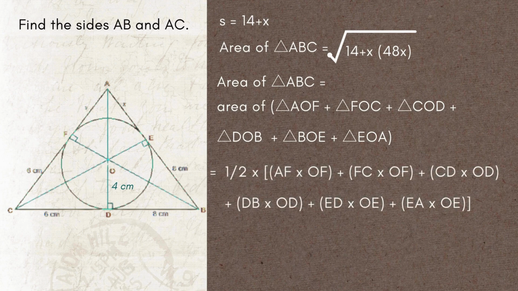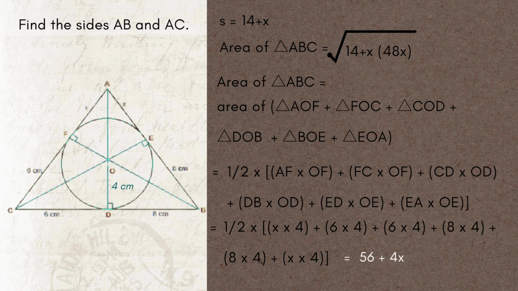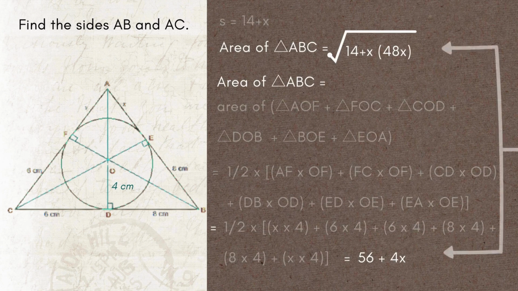So, area of triangle AOF would be half into x into 4. Area of triangle FOC would be half into 6 into 4. Area of triangle COD would be half into 6 into 4 again. Area of triangle DOB would be half into 8 into 4. Area of triangle BOE would be half into 8 into 4 again. And area of triangle EOA would be half into x into 4, which gives us area as 56 plus 4x.